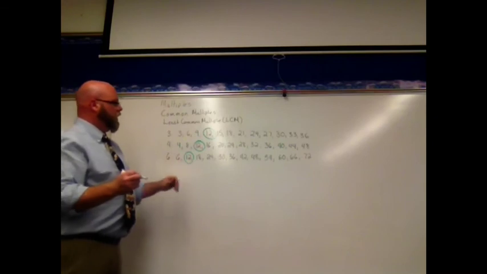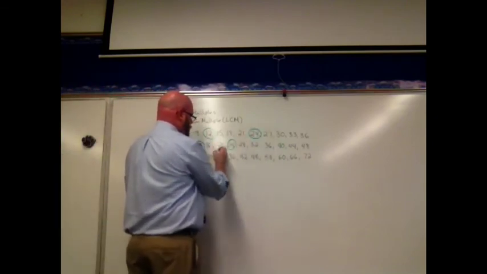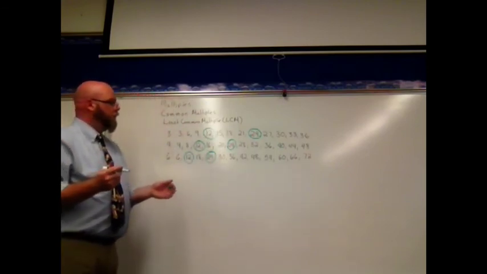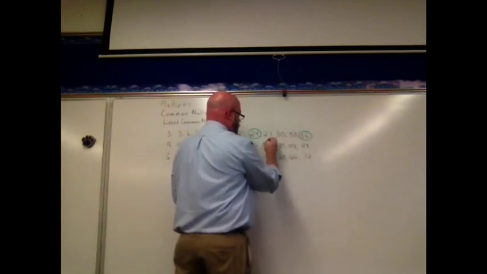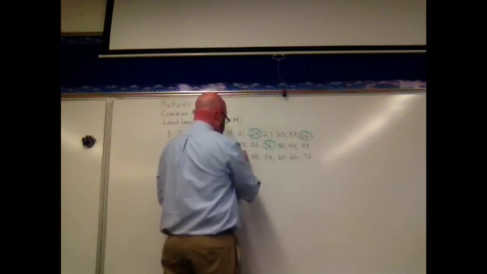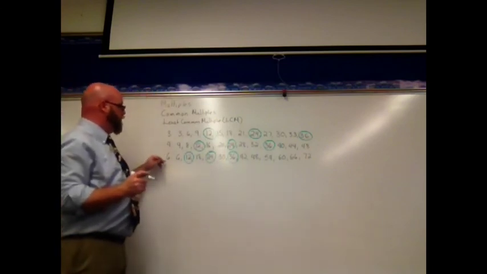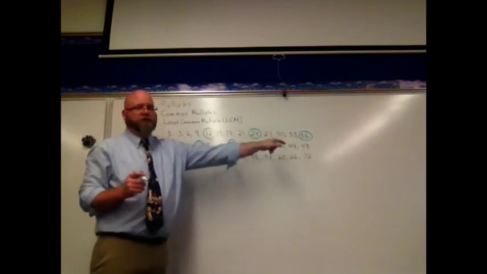I continue looking down. Oh, all 3 share 24. All right. I keep looking. All 3 share 36. So the common multiples for 3, 4, and 6 that are in this list would be 12, 24, and 36.